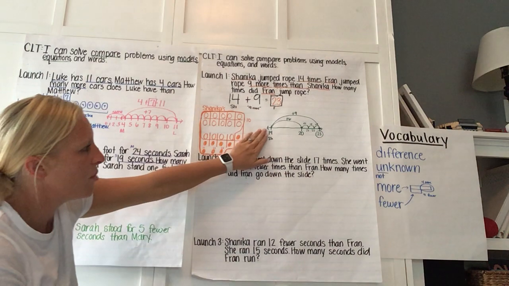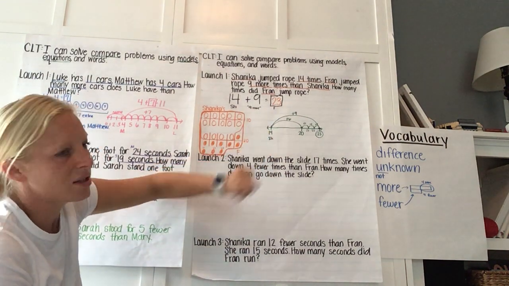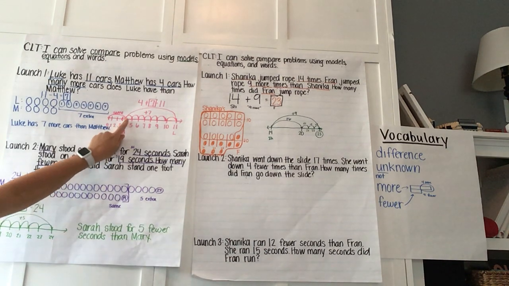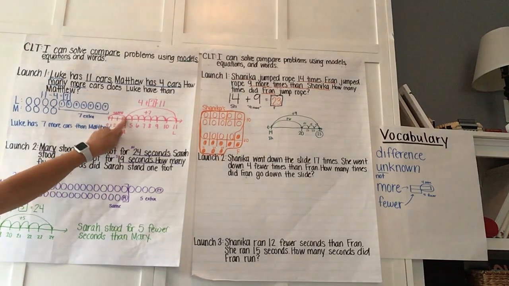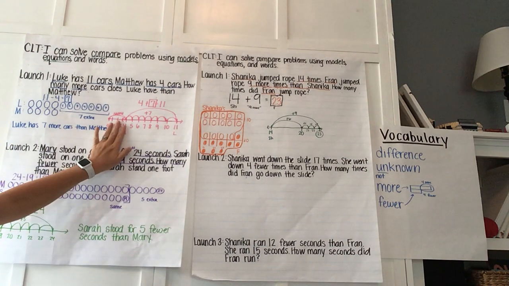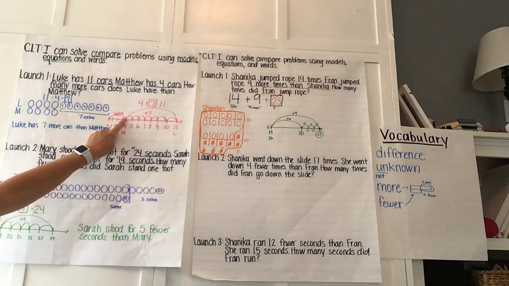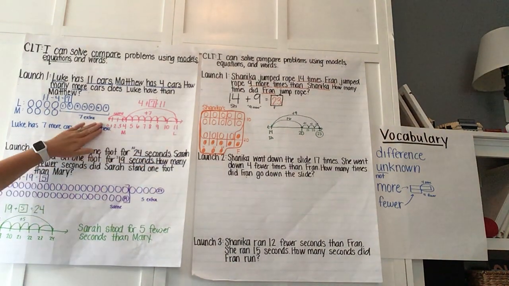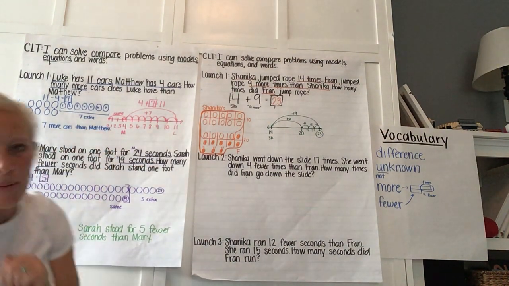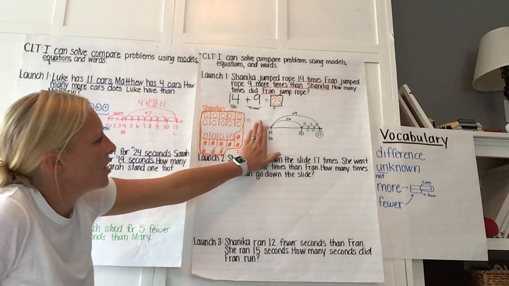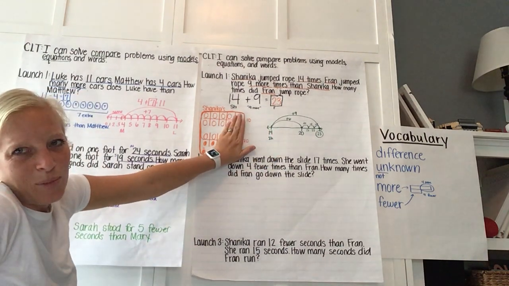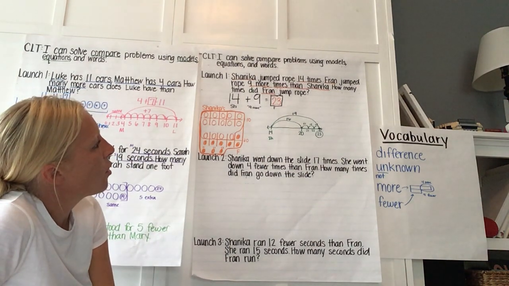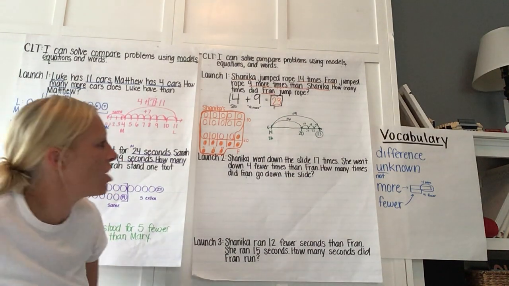Remember when we're doing that number line, this is not just that number, it's all the numbers before. We talked about that a little bit yesterday too, right? When we think about this part's the same, it's all the numbers before 4, 1, 2, 3, and 4. It's all of those, and then we have all of that. That 11 includes all of these. Same thing here. 14 is all of this before here too, between 14 and 0. And then there's that 23, it's the total that Fran jumped.